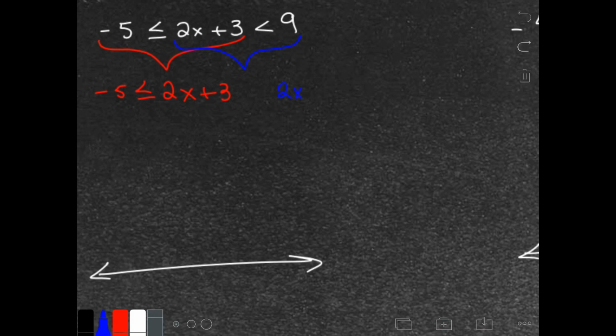And then we are going to solve each of these separately. So I'm going to subtract 3 and divide by 2. And again, it's probably going to help us graph if we flip this simple inequality so that we have the variable on the left-hand side. Solve the second.